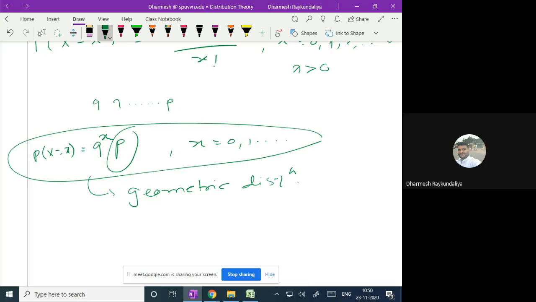So as soon as we observe the defect, we have to stop the production, and we have to rectify why the defect is present in the production process. So we continue, and we stop when we get the defect. Such kind of study in SQC, statistical quality control, follows the geometric distribution.